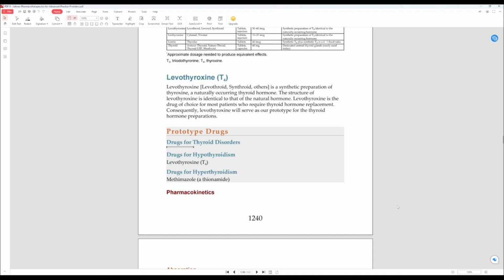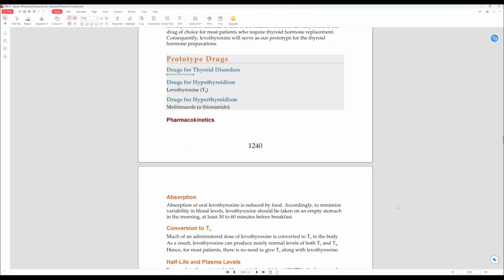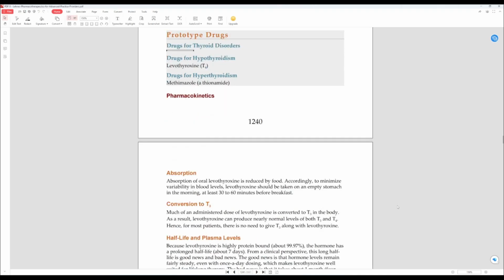Consequently, levothyroxine will serve as our prototype for the thyroid hormone preparations. So, here you'll take a look at the prototype drugs. For hypothyroidism, we'll talk about levothyroxine, and for hyperthyroidism, we'll talk about methimazole.